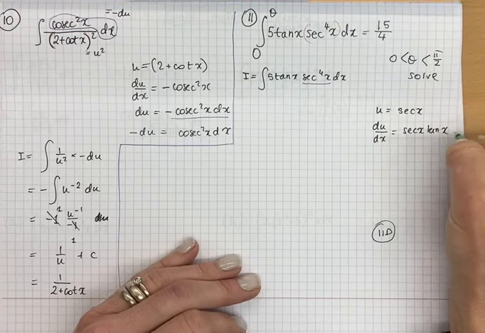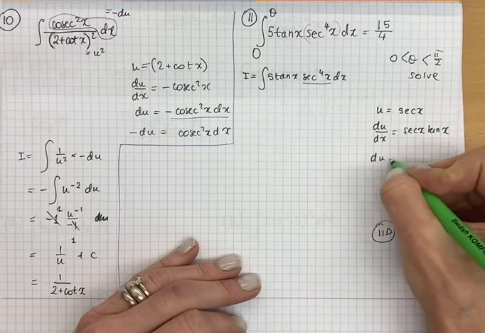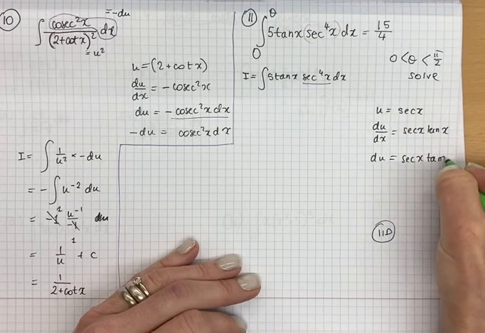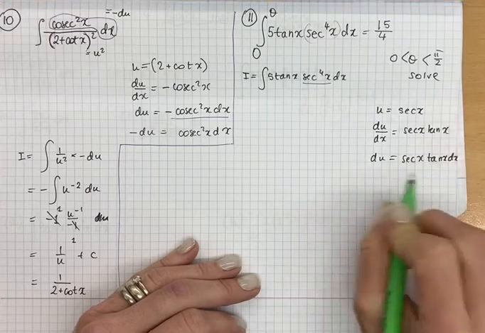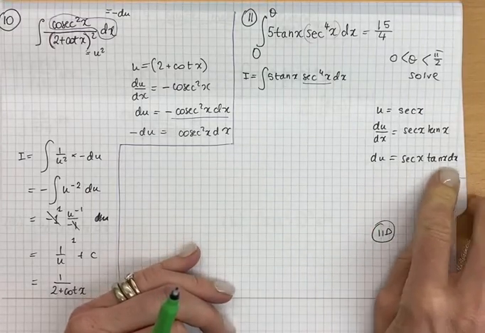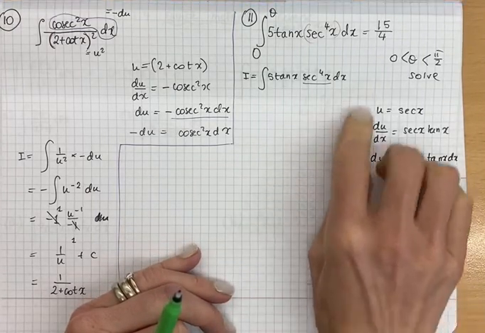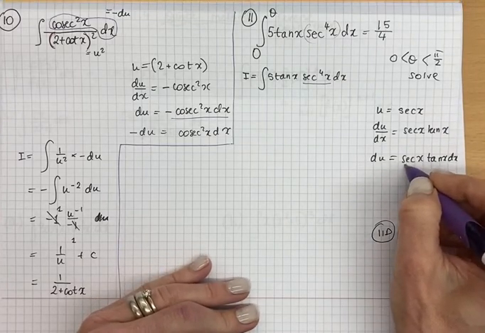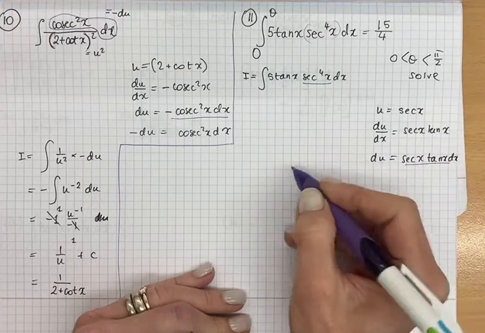If you differentiate sec, separate du from dx, temporarily. You might need to carry on if it doesn't work out, but always stop at this point. Otherwise, you would make dx the subject and then do the substituting. Okay, so sec tan x, have I got it?